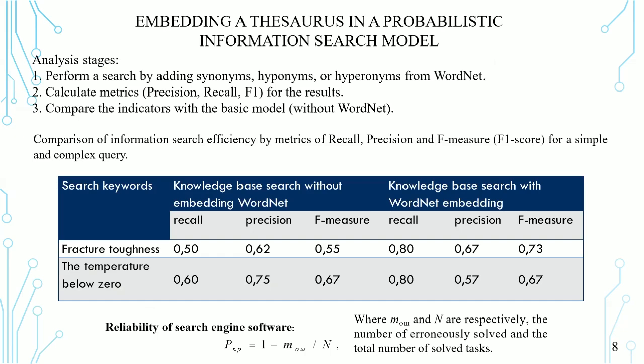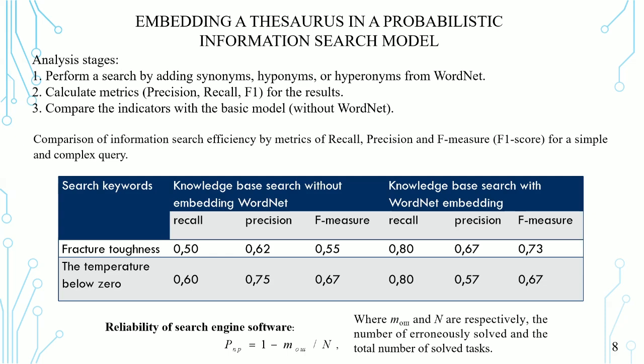And embedding the thesaurus into the probabilistic information research model included three stages of the analysis: to perform a search by adding synonyms, to calculate metrics like precision, recall, F-measure for the results, and comparing the indicators with the basic model without using WordNet, and comparison of information search efficiency by these metrics for a simple query like fracture toughness and complex query like the temperature below zero.